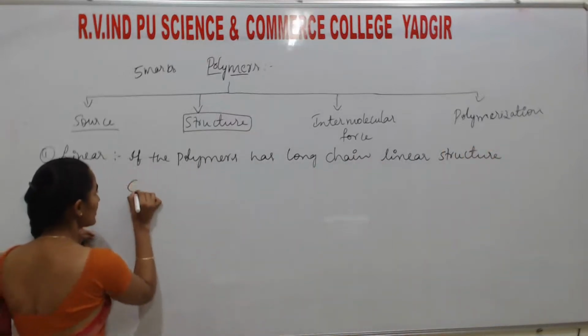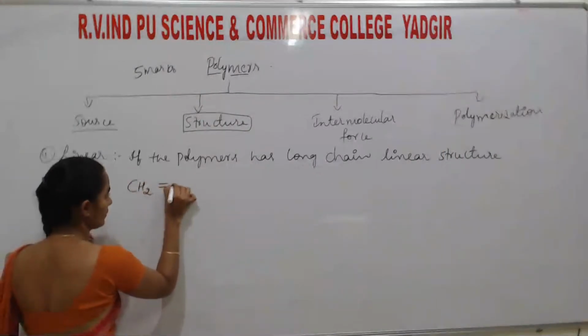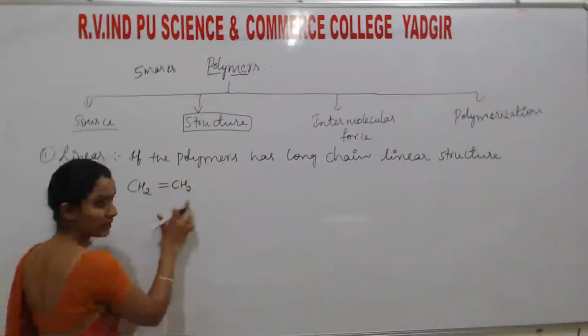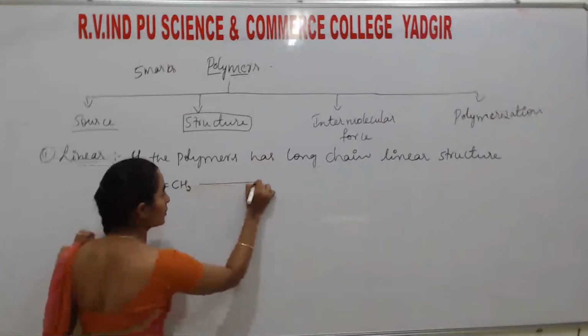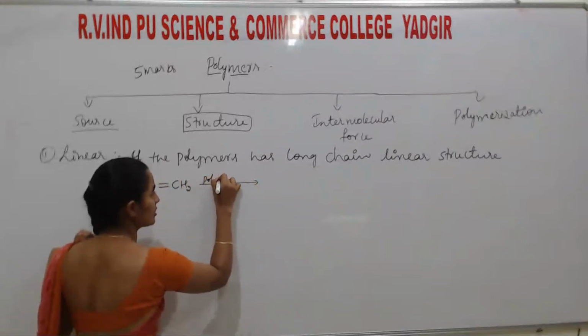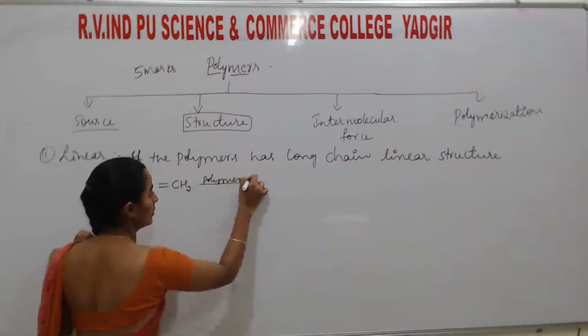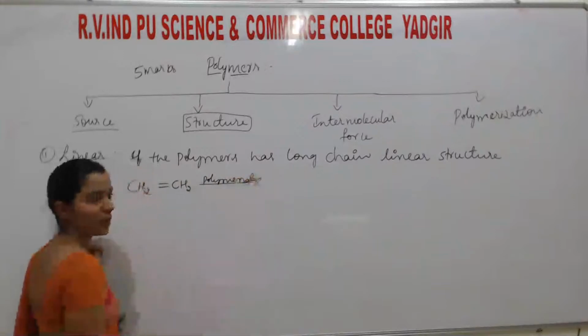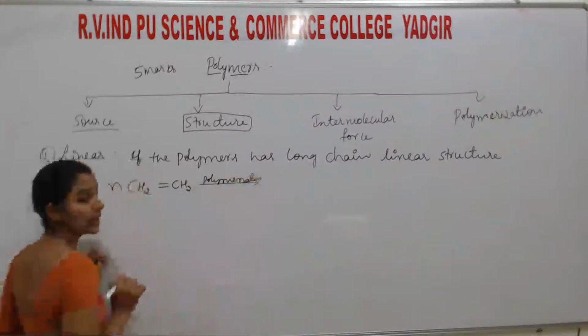Students, listen, I will write the example. I will take ethene here. This is the ethene molecule. It undergoes polymerization. This is n-type.